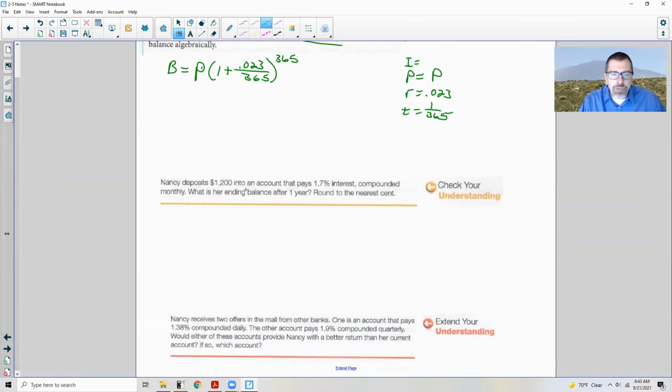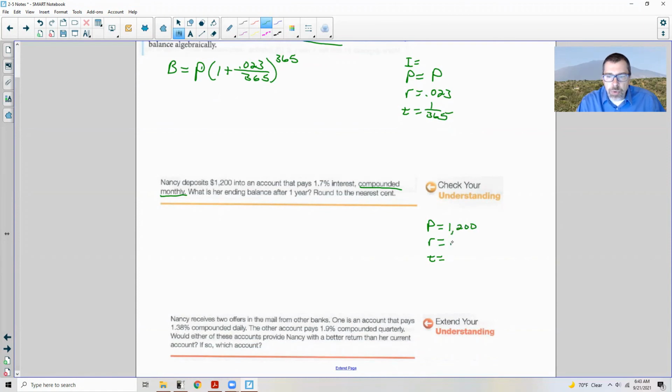Nancy deposits $1,200 into an account. So I'm going to say, oh, it's compounded monthly. So I'm going to say P equals, R equals, T equals. Notice I'm not using I anymore. So the principal is $1,200.